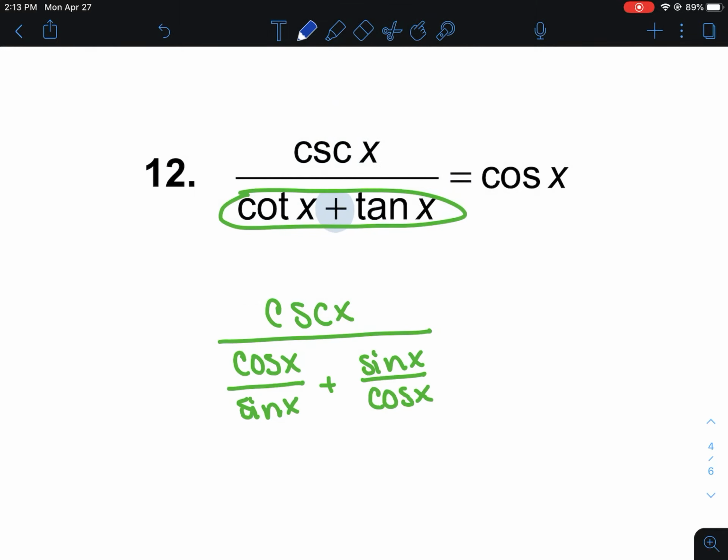And in order to add those together, they need to have like denominators. So since this has a sine, this needs sine. Remember, when we multiply to get common denominators, we need to multiply the top and bottom. Since this has cosine, this needs cosine as well, top and bottom.